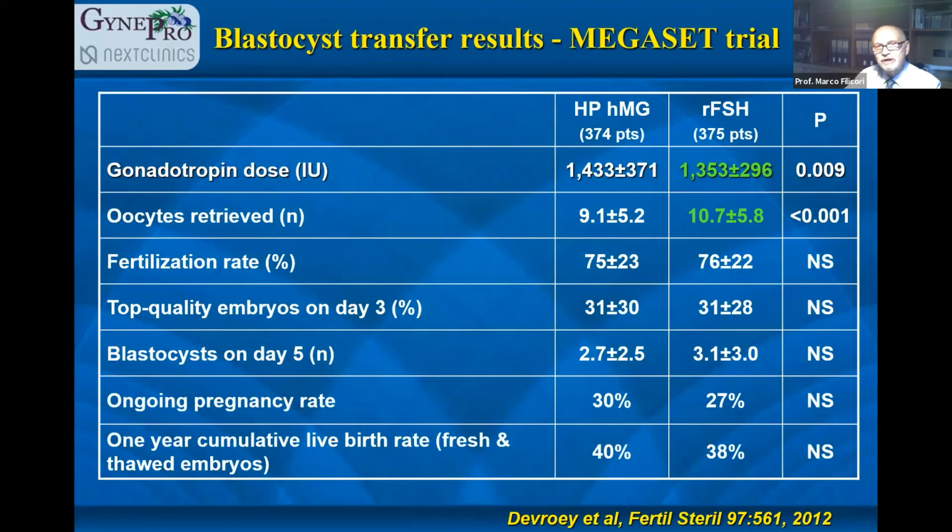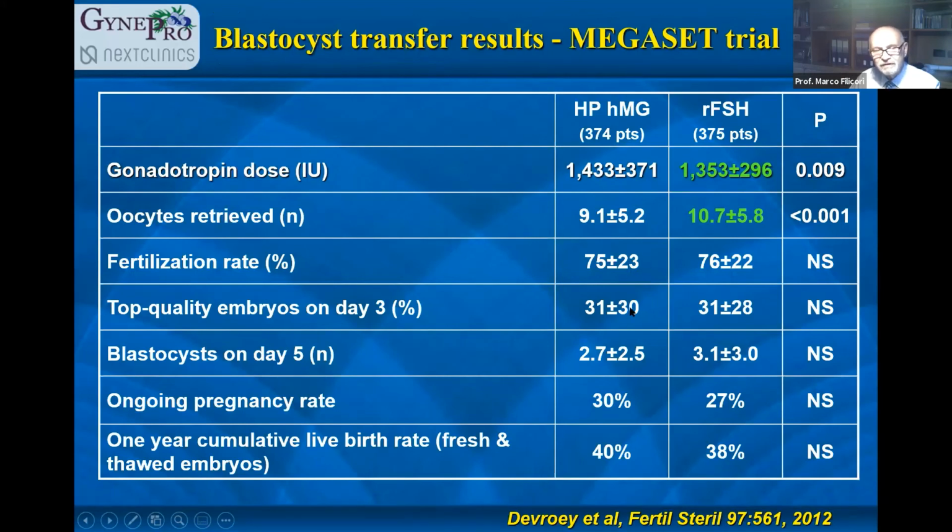If we look at the largest study that was published a few years ago with the use of blastocyst transfer, what is interesting is that you can achieve the same levels of follicular genesis with less drug when you use recombinant FSH. And you end up also with a slightly but significantly higher number of oocytes retrieved.